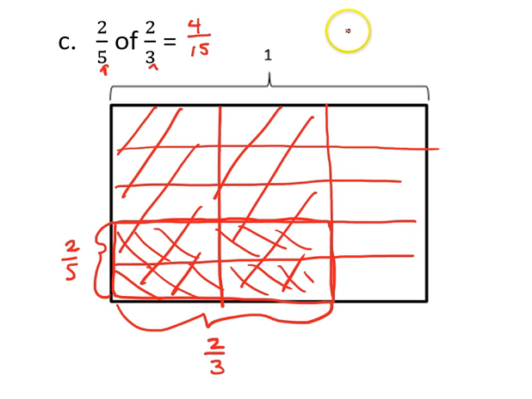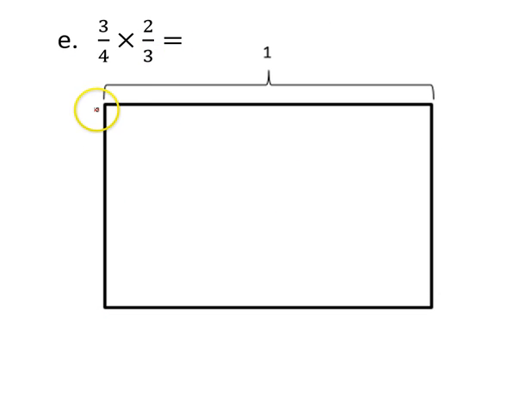As a multiplication problem, we would say 2/5 times 2/3 equals 4/15. In this question, we've replaced the word of with the multiplication symbol. We still work the problem the same way.